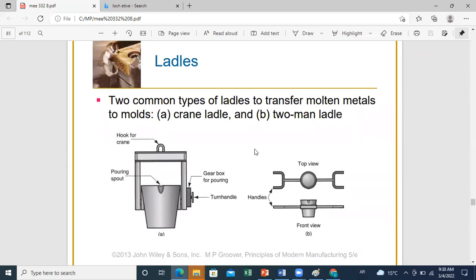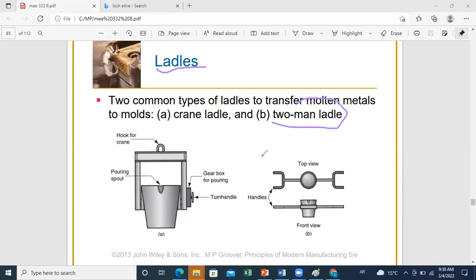Whenever we do a casting process, we need to transport molten metal, and molten metal will be at very high temperature. So we should use specific equipment to transport molten metal. What is used is ladles, and we have two common types of ladles. Sometimes when we have very high temperature, you have the two-man ladle.